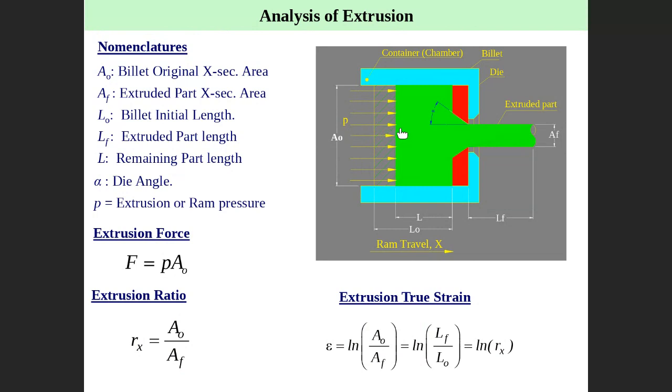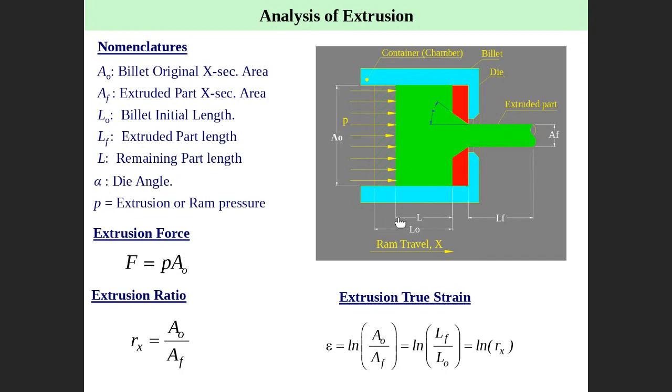P is the pressure applied. L0 is the initial length of the cylindrical workpiece material. Lf is the final length of the extruded part. L is the remaining length, and it is variable. L0 is constant, the initial length before we start. Lf is the final length after you complete the process.